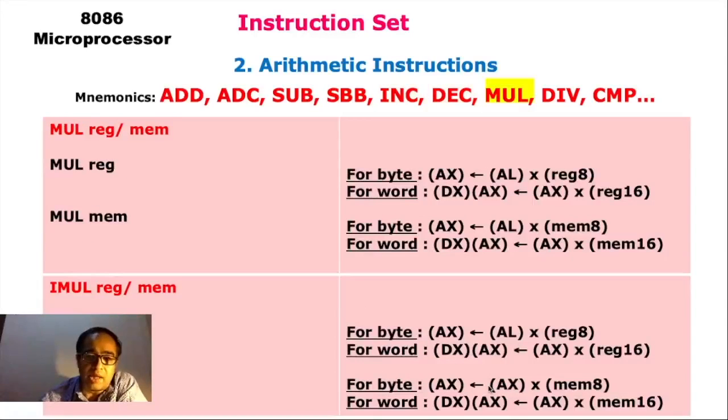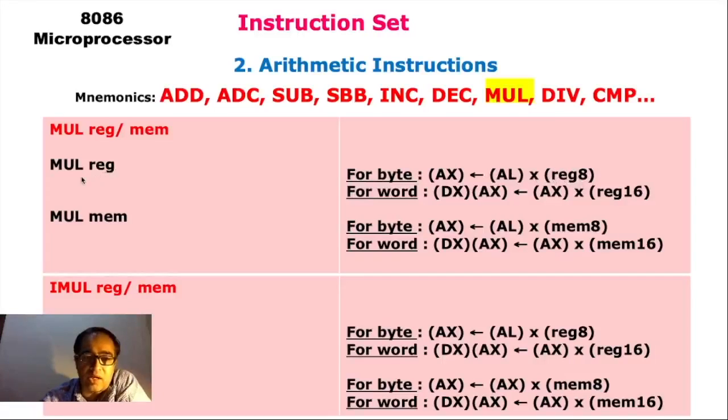Now coming to multiply. Multiply is multiplication. What you would do is use one register or memory as it tells. For a byte instruction, you take the AL register and multiply it with the register.